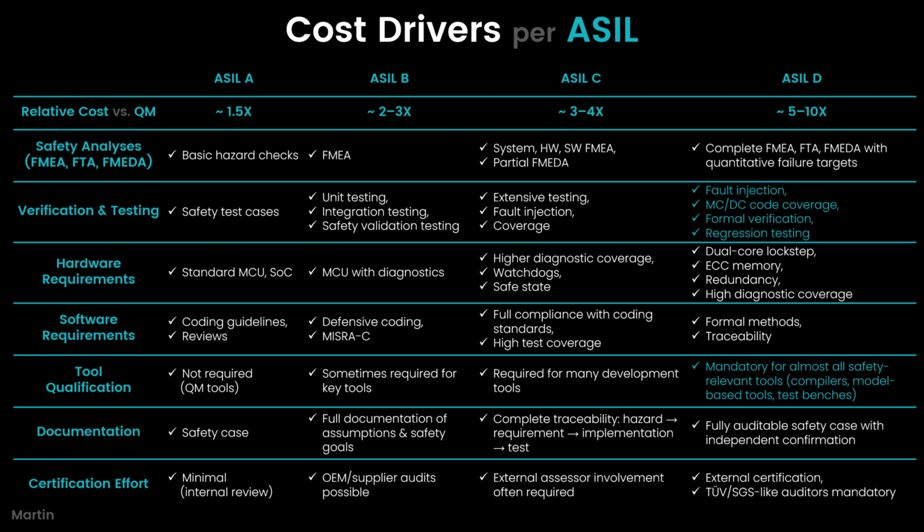Higher ASILs also require more comprehensive configuration and change management, independent reviews, and often more qualified personnel and tools, which further drive up expenses. Ultimately, the jump in cost from ASIL A to D reflects the greater assurance needed to mitigate hazards in systems where failures could lead to severe or life-threatening outcomes.